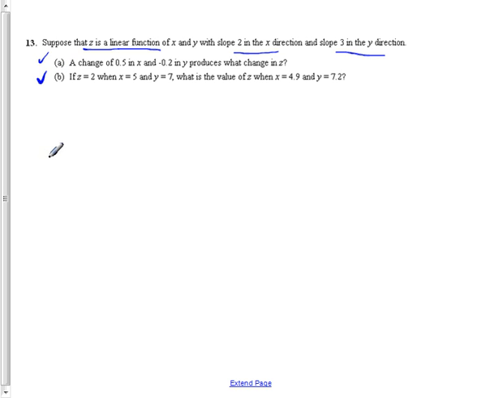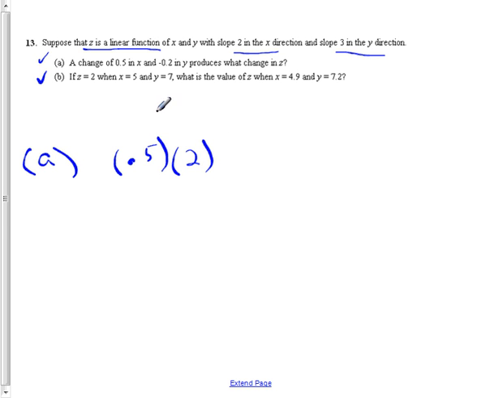Okay, so for A, it changes 0.5 in the x. And for every 0.5 change in x, we see a corresponding change with the ratio of 2 to 1 of change in z to change in x.